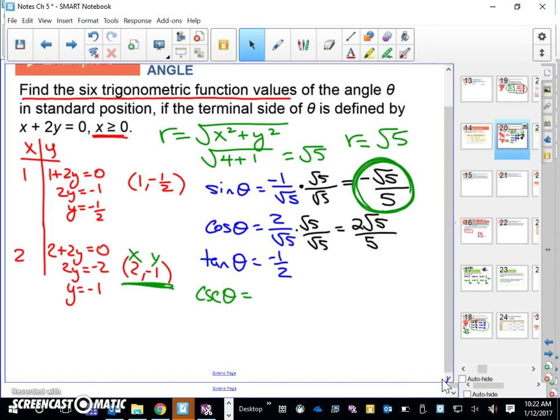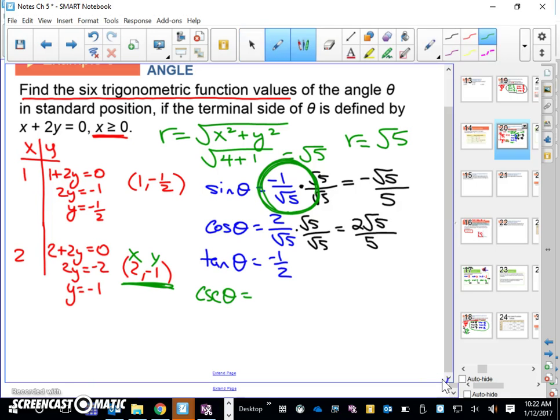You can do that, but it's going to put a new square root of 5 on the bottom, and I'm going to have to re-rationalize the denominator. Why don't we look over here? If I take that reciprocal, I won't have to re-rationalize. If I just flip that one, I'm going to have square root of 5 over negative 1, or how about we just say negative square root of 5.